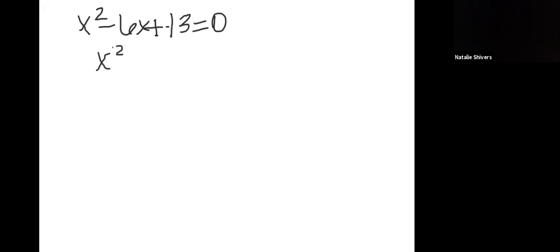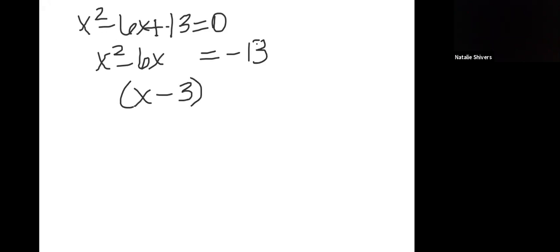So x squared minus 6x plus 13 equals 0. Remember, I'm going to move the 13 over, so I get negative 13. I'm going to divide 6 by 2 to get x minus 3 squared.